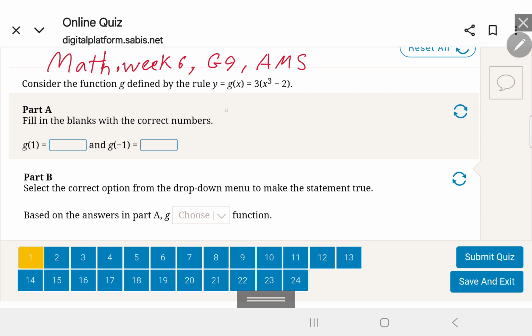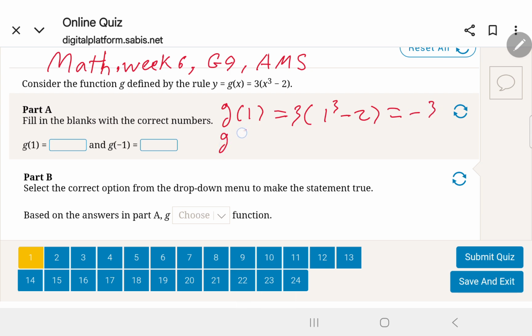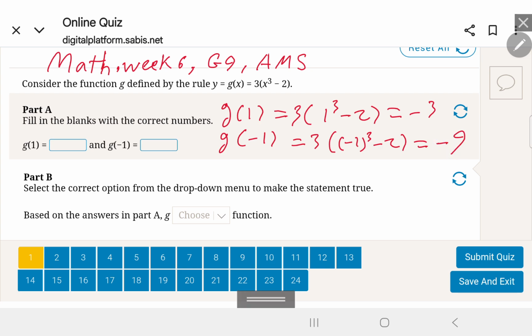So let's see. G of 1, we plug 1 in x here, and you get 3 times 1 cubed minus 2. If you calculate that, you get negative 3. G of minus 1 is 3 times negative 1 cubed minus 2, and if you calculate that, you get negative 9.